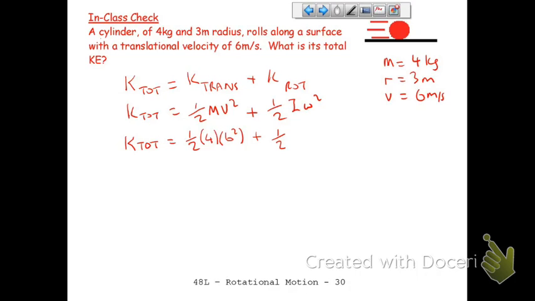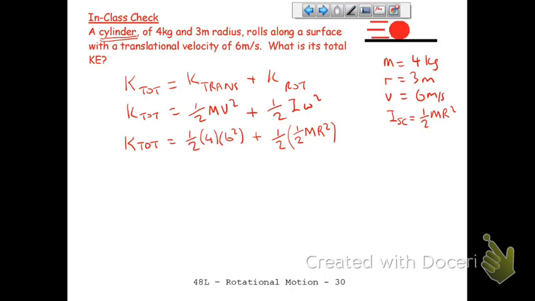I didn't use the term solid cylinder here, but I should have done. So for a solid cylinder, it's a half mr squared. So let's put this down: I for a solid cylinder equals 1/2 mr squared.